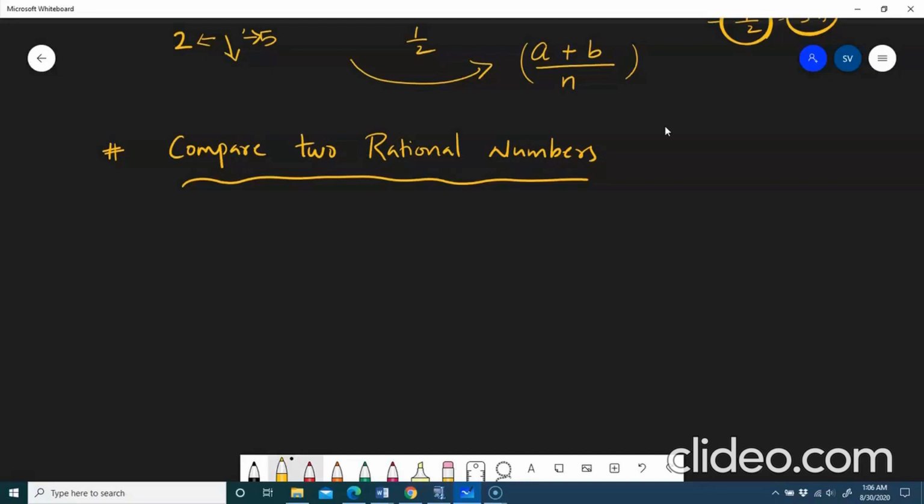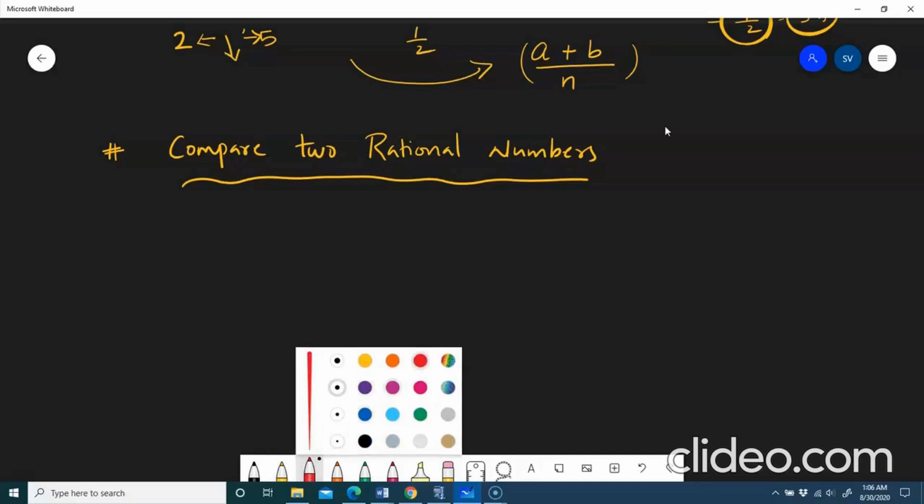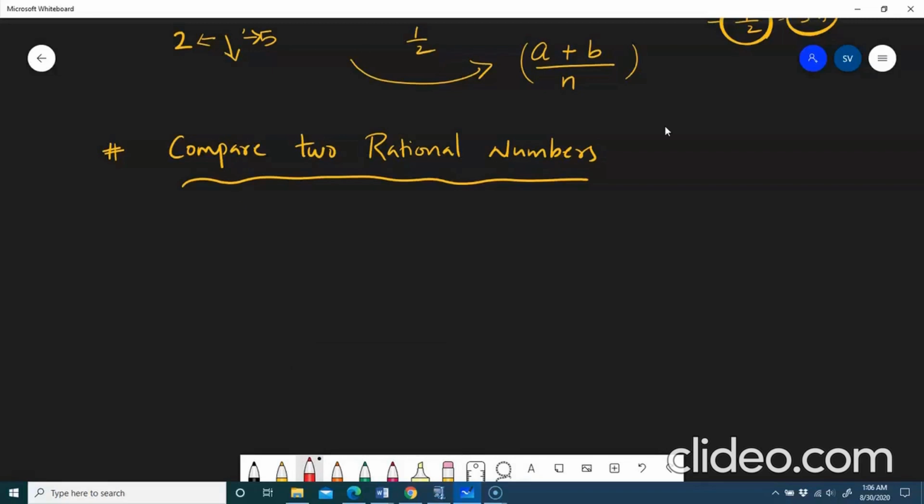For this we can make some basic rules that will definitely help you. Nothing to memorize. If we have two fractions, a by b and c by d, keep these three statements in mind, but don't try to memorize. Just practice. Through practice you can easily pick it up.